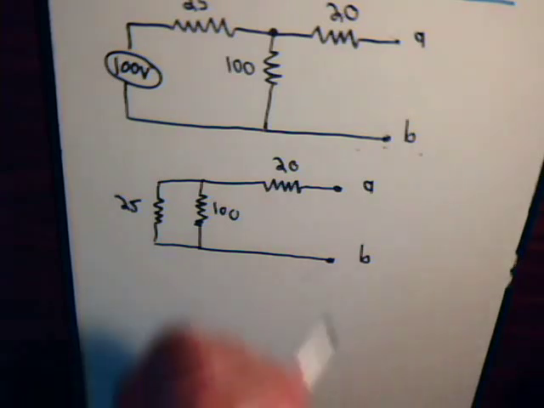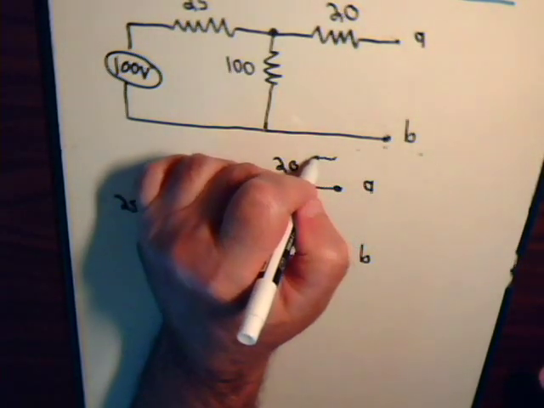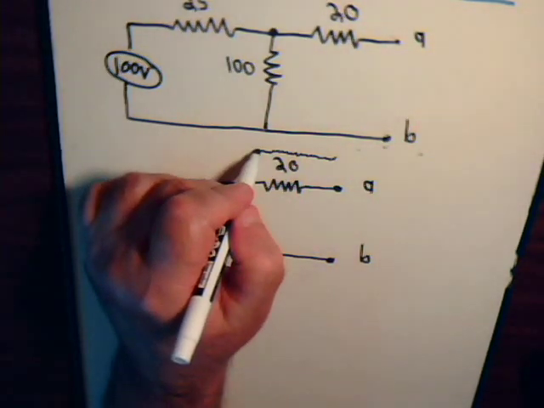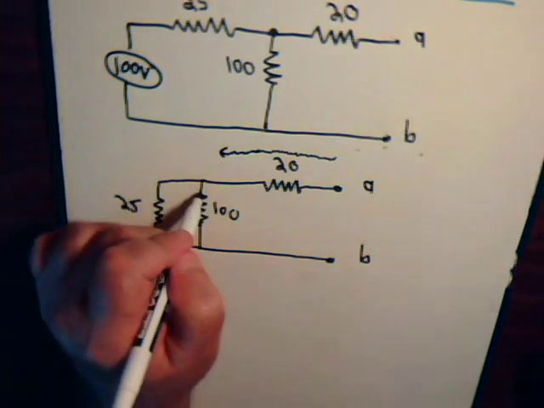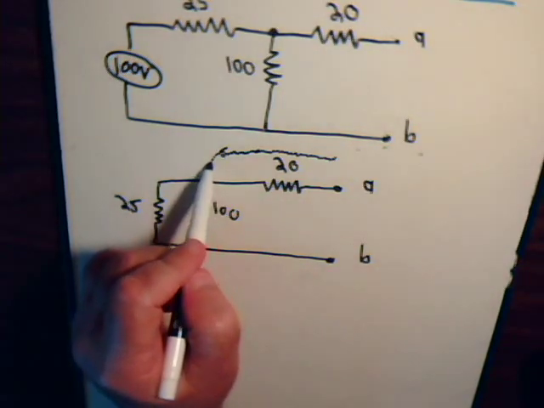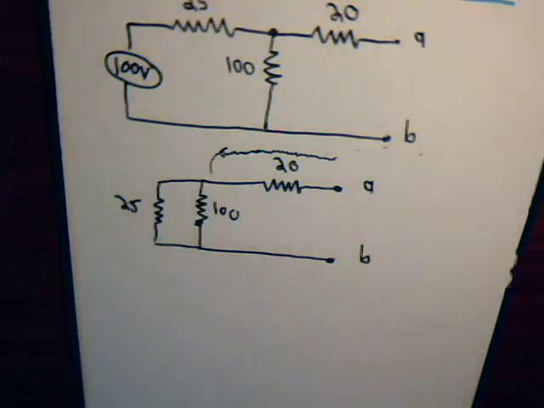So imagine a current coming through, and it's going to see this resistor of 20 ohms. Then when it gets to here, it's going to see that the 100 and the 25 get split between them, so it's going to see that parallel combination.